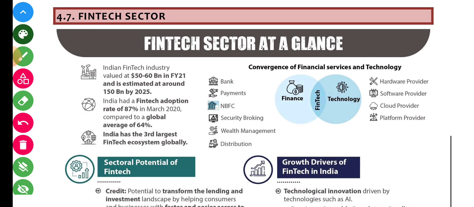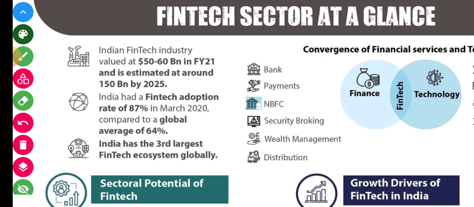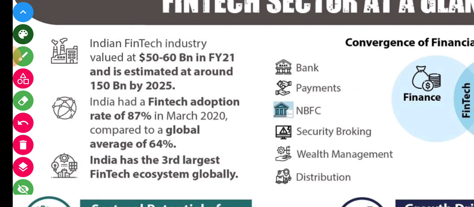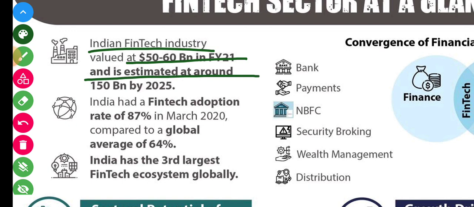What is the fintech sector? Fintech sector scenario in India. The Indian fintech industry, financial technology industry, was valued at 50 to 60 billion dollars in financial year 21 and is estimated at around 150 billion by 2025.